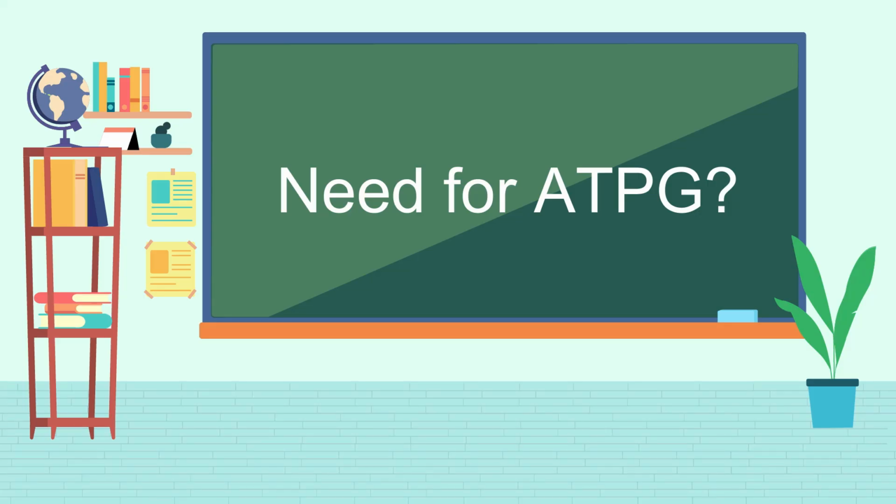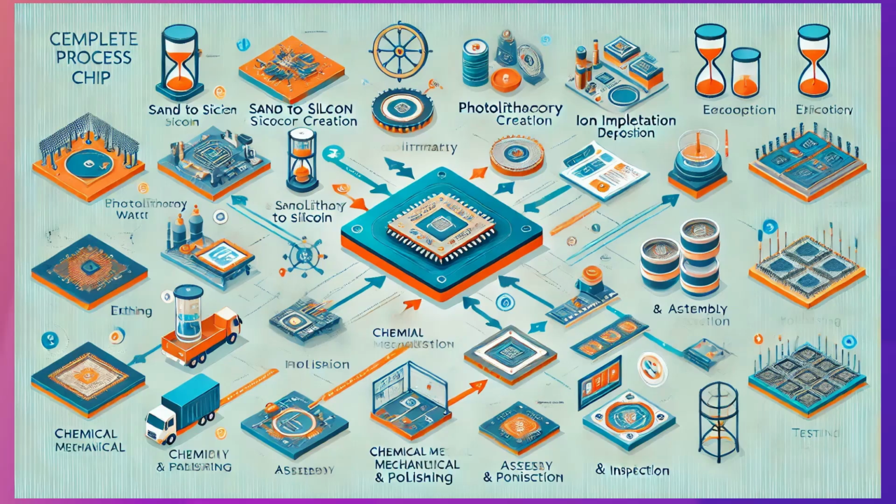Now the question is, why is ATPG needed? Take the wafer process flow as an example. Starting from bare wafer, it goes through various processes such as wafer preparation, oxidation, diffusion, ion implantation, chemical vapor deposition, photolithography, metallization, and packaging. Defects generated in each step may be carried forward, accumulating throughout the process.